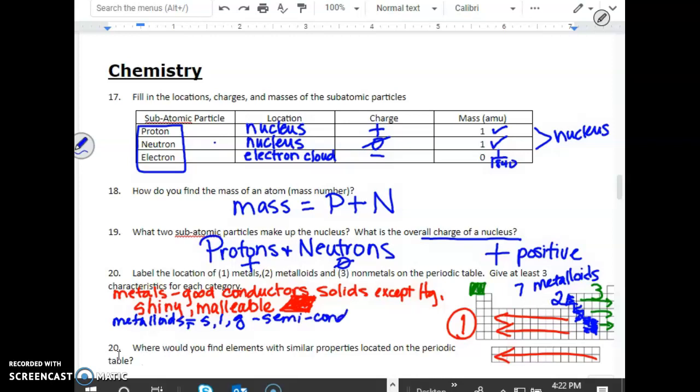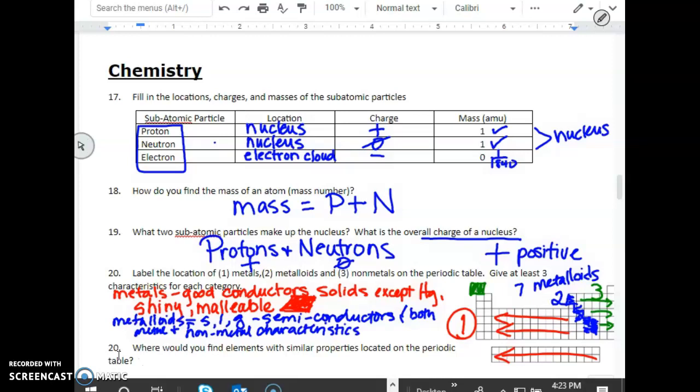They have characteristics of both metals and nonmetals. And so they're good semiconductors.